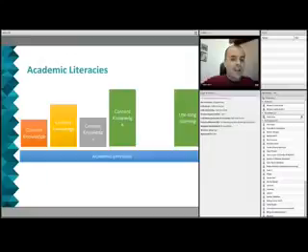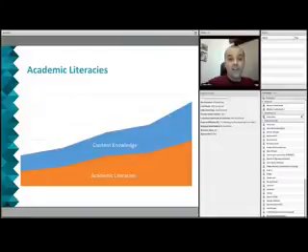The reason I'm highlighting this at this stage is that most university, tertiary education looks with far more emphasis to content knowledge. I'm not disregarding the importance of content knowledge, of course, but I'm making a case for academic literacies, which is equally important, supports the development of content knowledge, and continues to support our lifelong learning.